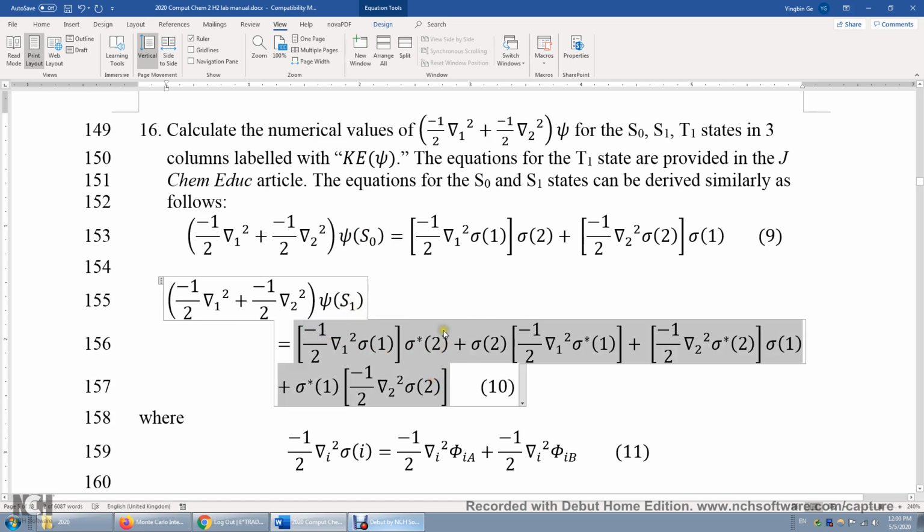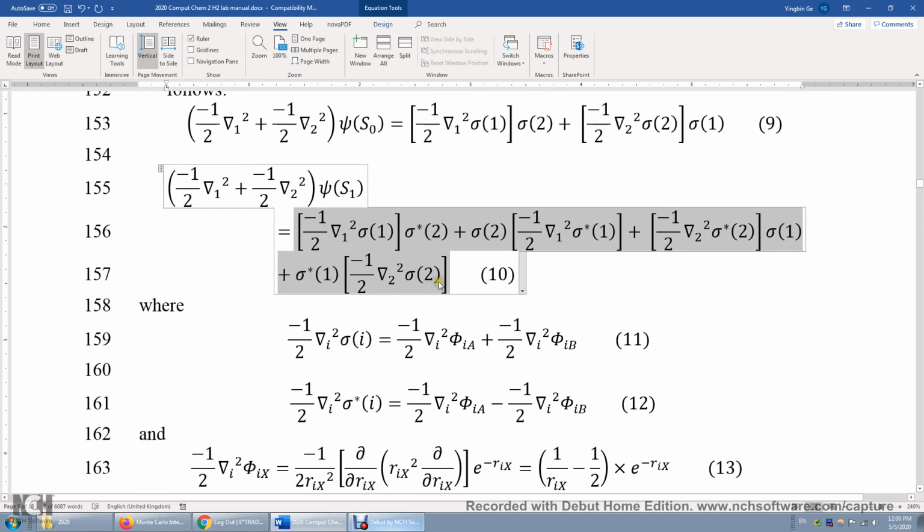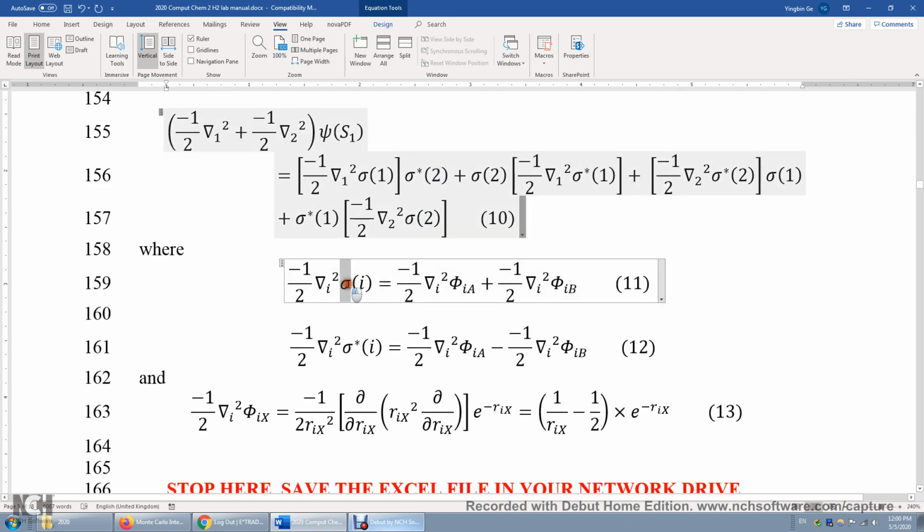It's more complicated. Sigma and sigma star are bonding and anti-bonding orbitals. Sigma is the bonding orbital. We can decompose that into atomic orbitals, so we have two atomic orbitals here. Sigma star is the anti-bonding orbital, so we also have two atomic orbitals here, but the sign is negative.